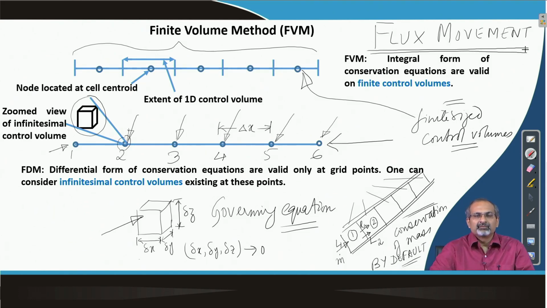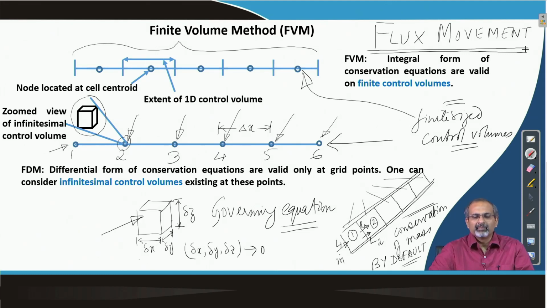However, in the finite difference calculations, we never get the sense of the flux. We just talk about locally satisfying the differential equations as best as we can with higher order of accuracy as far as possible, and then we have no feeling of movements of flux.